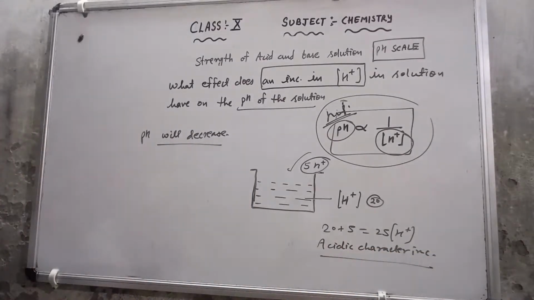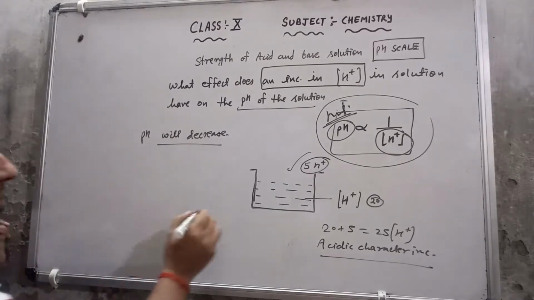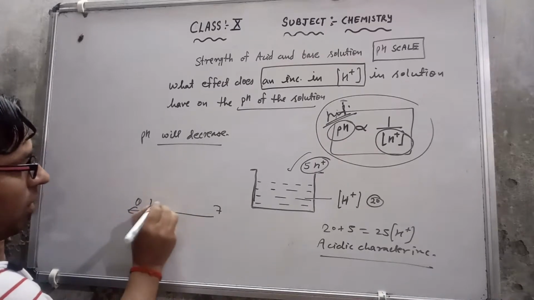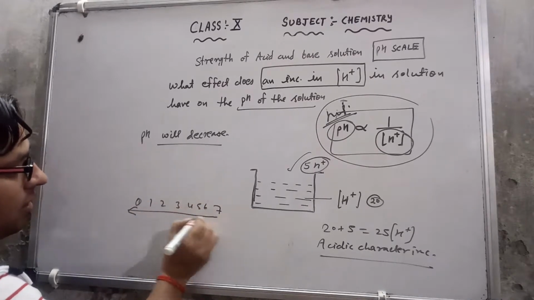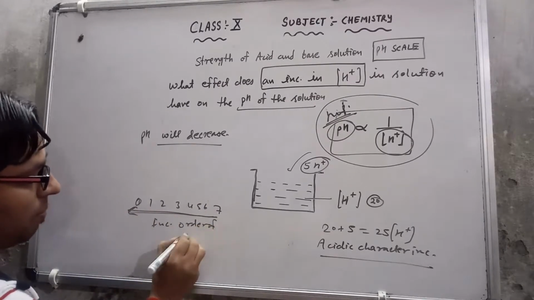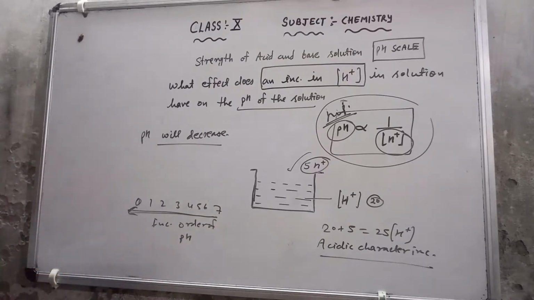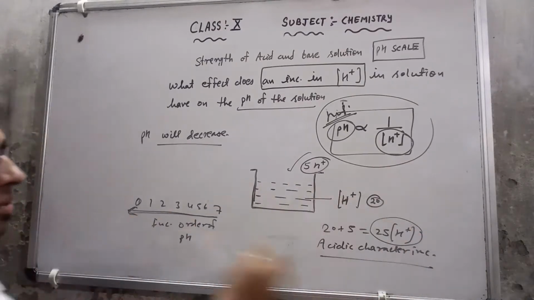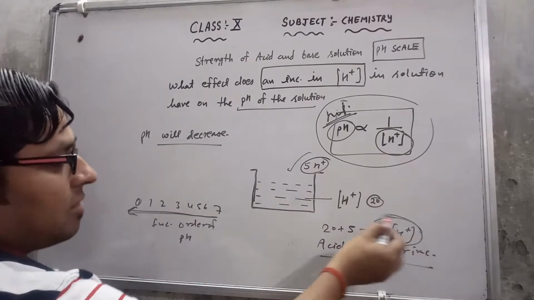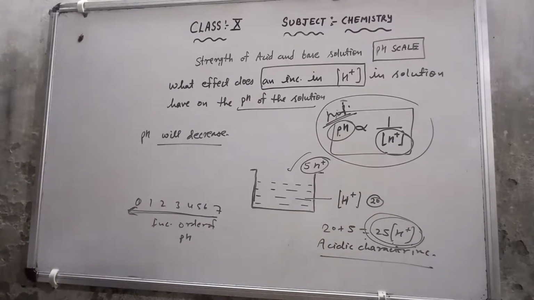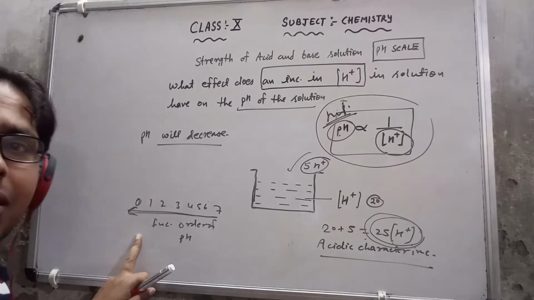But it indicates that pH is going to decrease, because the pH scale runs in increasing order 0, 1, 2, 3, 4, 5, 6, 7. As hydrogen ions increase, the acidic character increases, and if the acidic character increases, the pH decreases. That is very simple. By this you can also understand. I hope you have understood this topic.